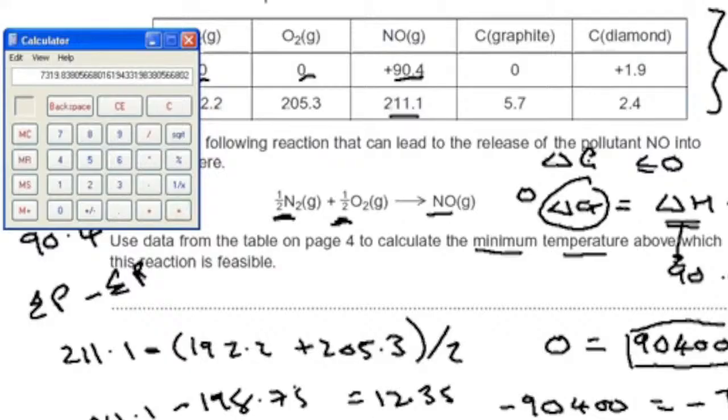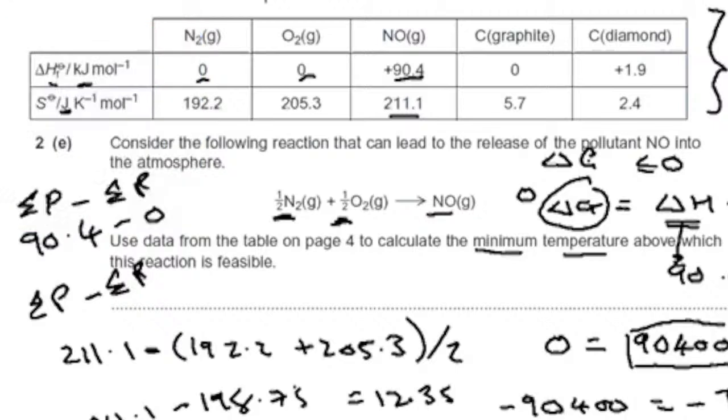You see from the big screen, I've got a crazy number, so I'm going to round it. I've got 7,319.8. 7,319.8 Kelvin. And that is a 5 marker. I have jammed it up, but I hope that makes kind of sense in terms of what was going on in my brain.